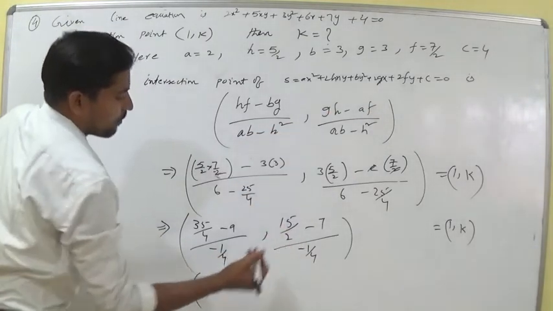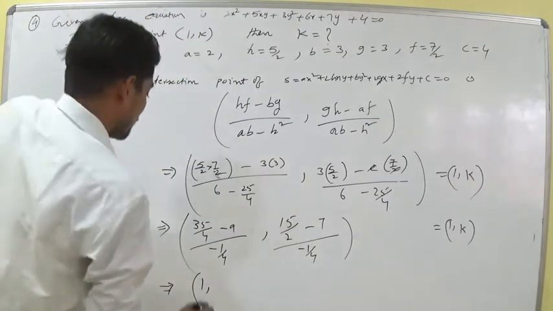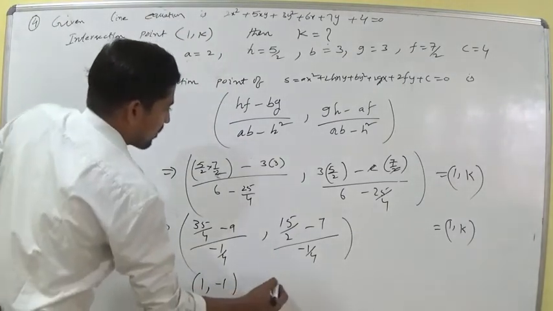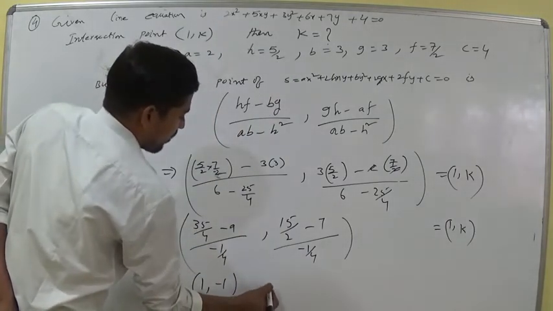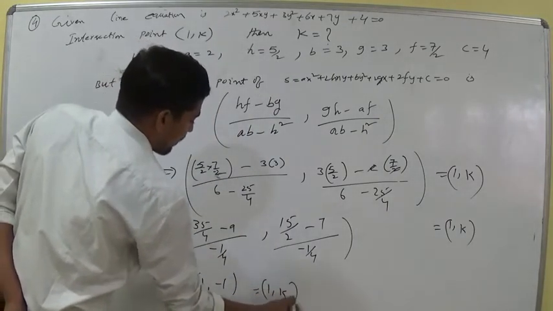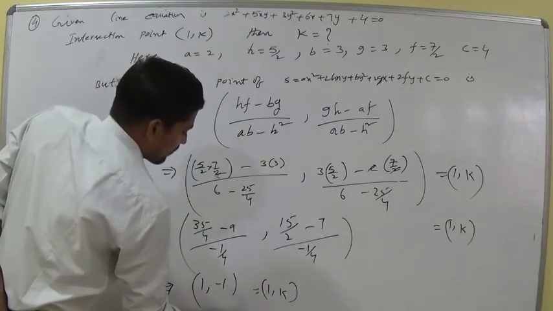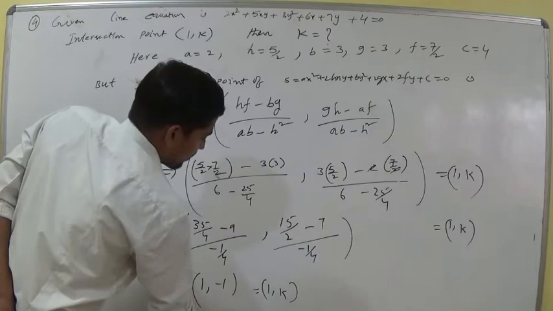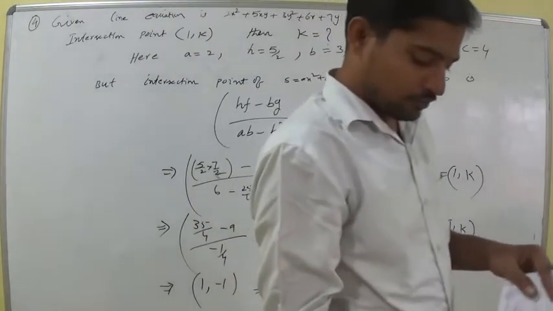So −1 by 4 by −1 by 4 becomes 1, comma, then 15 by 2 minus 7 is 1 by 2, divided by −1 by 4, becomes −1. So (1, −1) equals (1, k). Therefore k equal to −1. Clear? k is equal to −1.